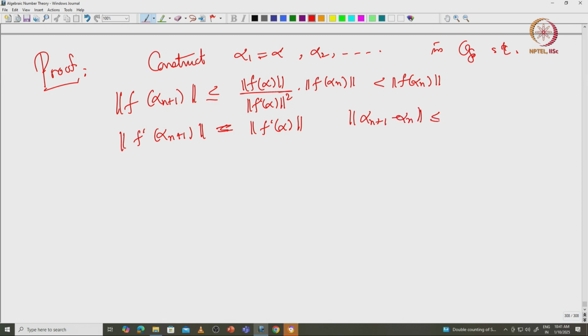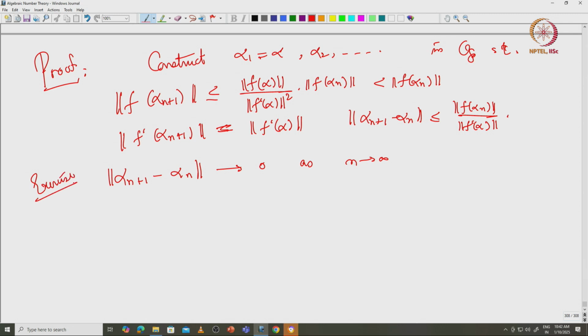We want this to be a Cauchy sequence, otherwise how would we take the limit? So, the valuation of alpha n plus 1 minus alpha n goes to 0 as n goes to infinity. Maybe you can take this as an exercise to deduce it from other things.